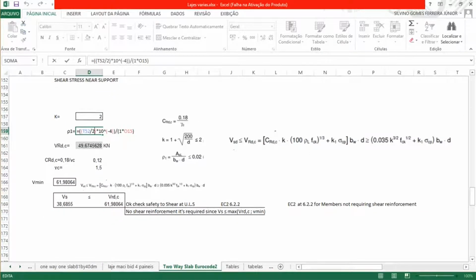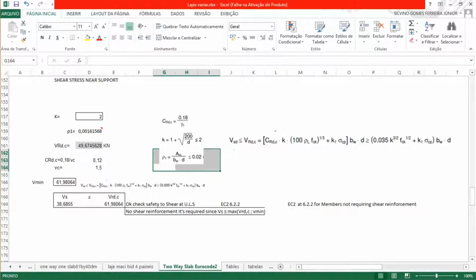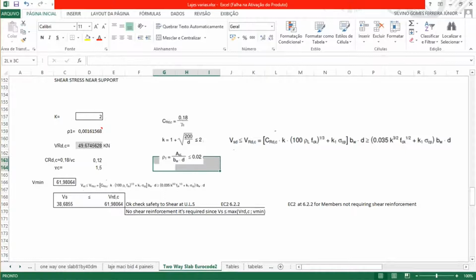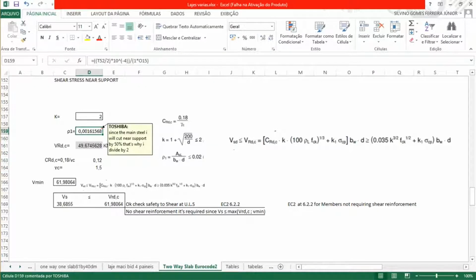So okay, I use this divided by 2, of course I pass to the same units, divided by 1 meter, that is the B, multiplied by 0.14, that is the effective depth, what gives us this rho, 0.0016, that is less than the 0.02 of the Eurocode. So it's okay. The CRD will be 0.18 divided by a safety factor 1.5, what gives us 0.12.